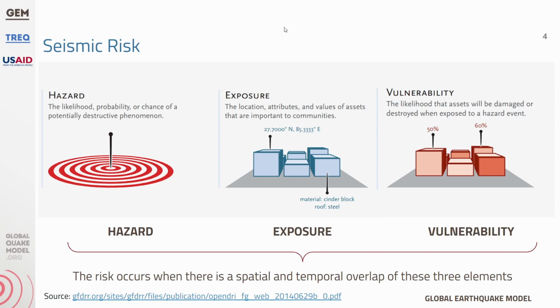The exposure is the man-made environment that we have built and that is exposed to those sources of seismicity and to that seismic hazard. And the vulnerability is the inherent condition of these exposed elements to the effects of earthquakes and their likelihood of suffering damage or loss. Risk is the result of having these three overlap in space and time.